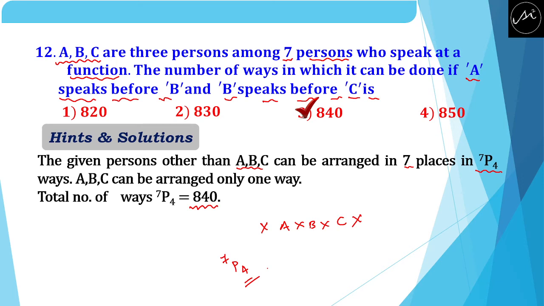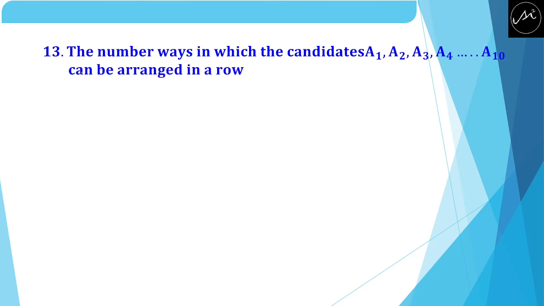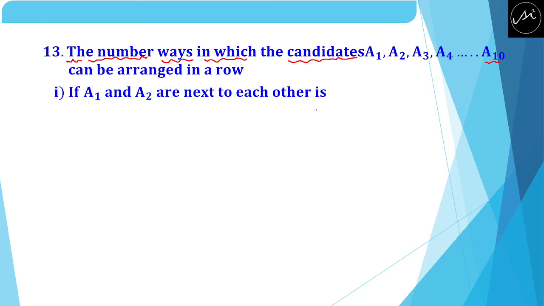Clear? Now let us go for 13th problem. The number of ways in which the candidates A1, A2, A3, A4, so on to A10 can be arranged in a row if A1 and A2 are next to each other is: 9 factorial into 2 factorial, 10 factorial, 10 factorial into 2 factorial, and 9 factorial.